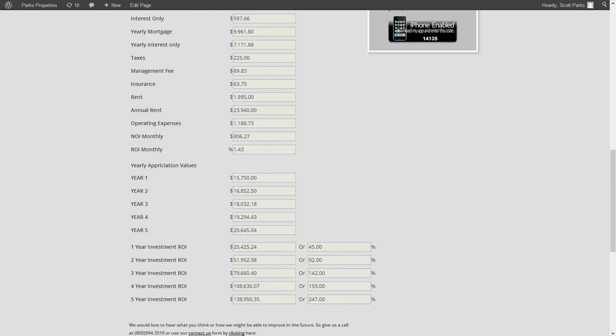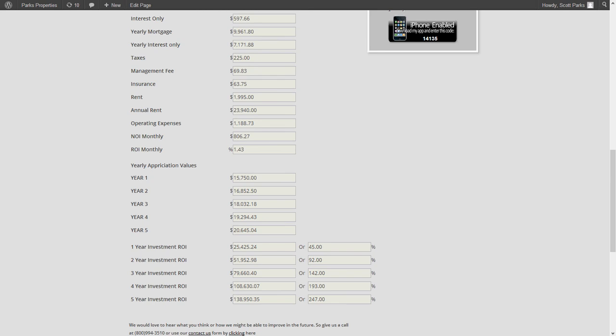Now, if you needed to do just a 1 year, your appreciation in that 1 year would be about $15,750, and adding your 12-month net operating income to that brings about $25,425, which equates to about 45% of your investment amount. So as you see, in just a single year, you're almost 50% back of what you put into the property. And look at how that jumps in year 3 and year 5.